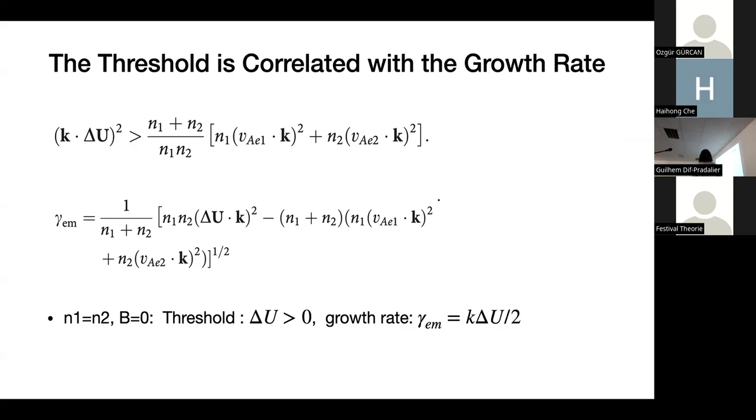If we don't have a magnetic field and have uniform density, the only requirement for the threshold is delta U greater than 0, and the growth rate is related to delta U. However, if we have a magnetic field, the growth rate is not like this.